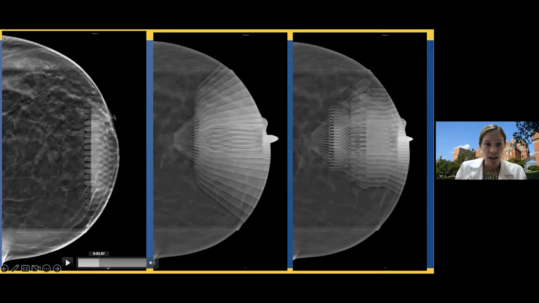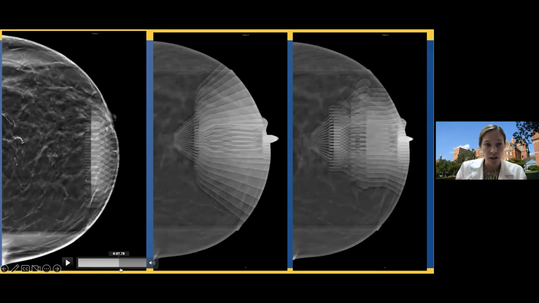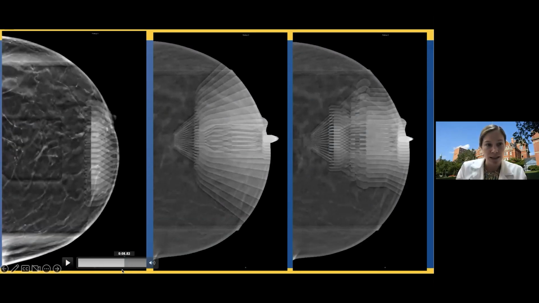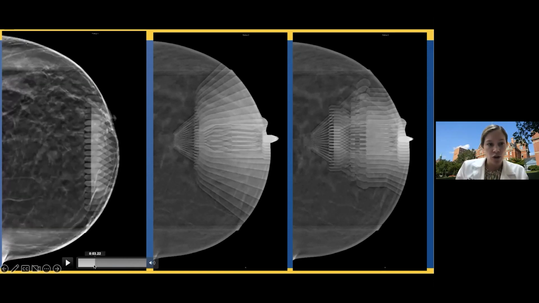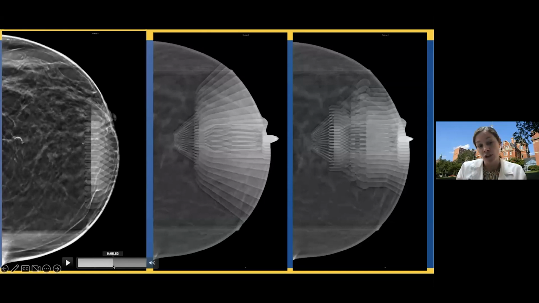So similar to the other cases, we have our initial scout image where we take a set of tomosynthesis images through the area. Here are our calcifications. It's important to scroll above and below the area that you're intending to biopsy to make sure there's not a vessel in the way.